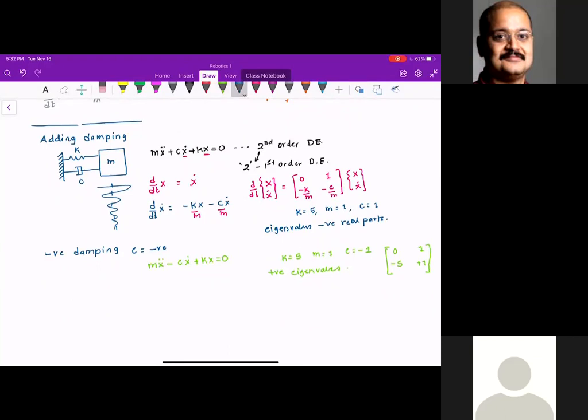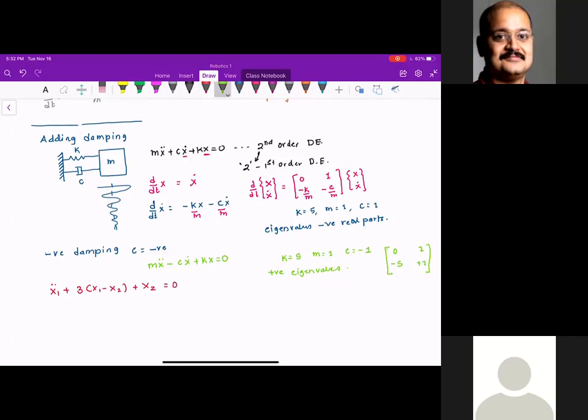So the key point here is, how do you solve any linear differential equation with no forcing? Imagine I give you this super duper complex differential equation, x1 double dot plus 3 x1 minus x2 plus x2 is equal to 0.